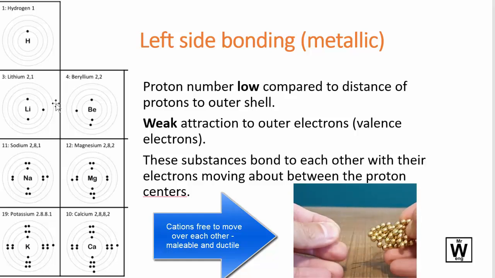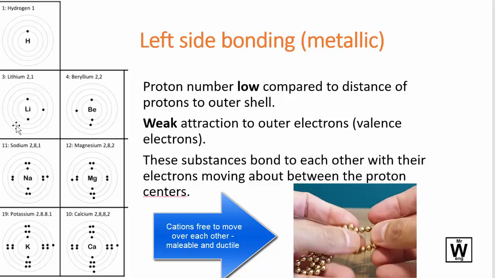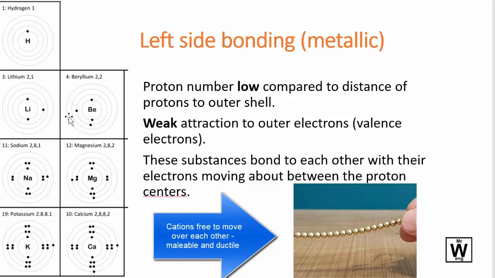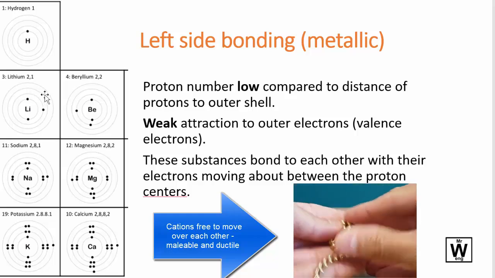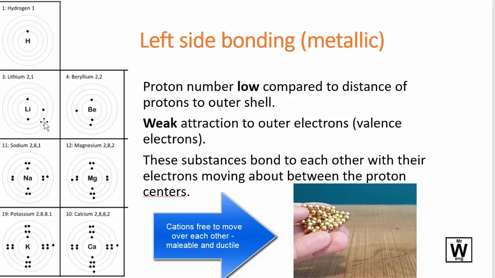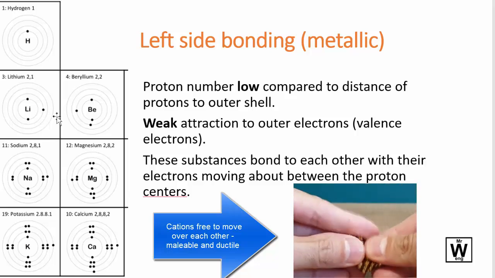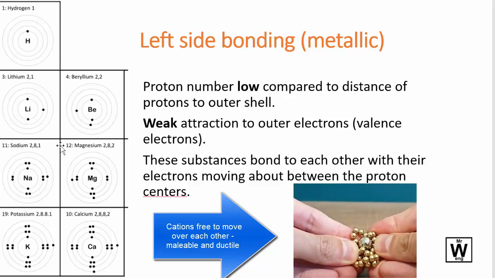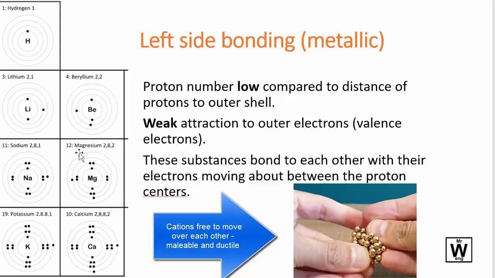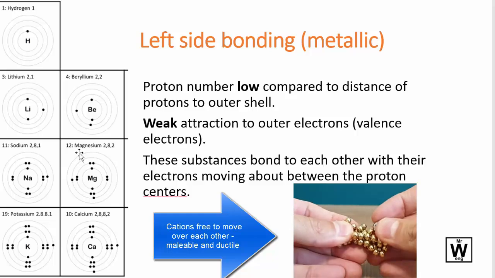So when you have these things by themselves or bound with each other, they have a very weak attraction to the electrons on the outside. We call that cations floating in a sea of electrons, and so the electrons are free to move. That is metallic bonding. It can be bent, because of that fact that it's not as strong.